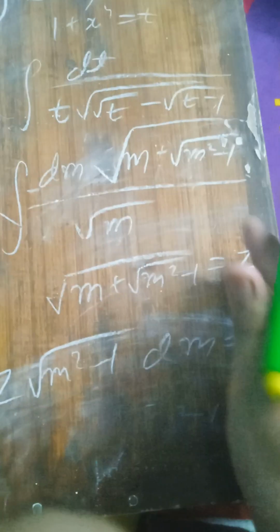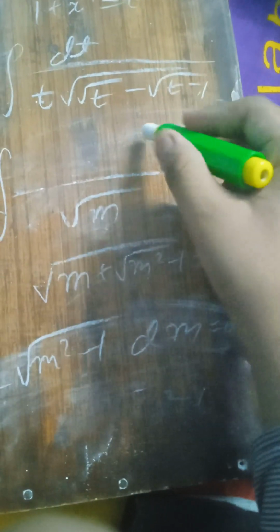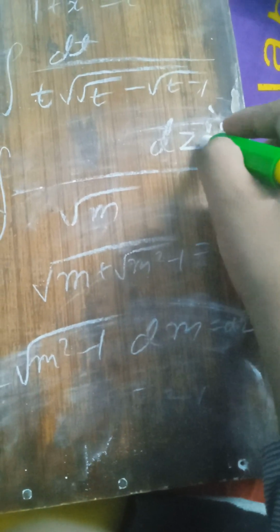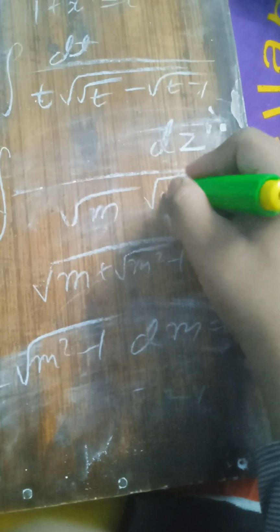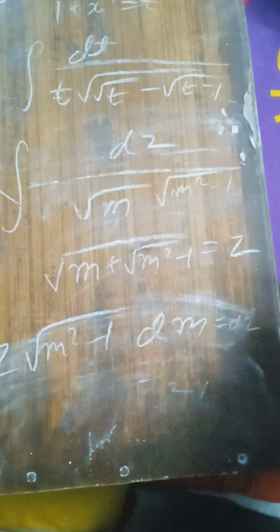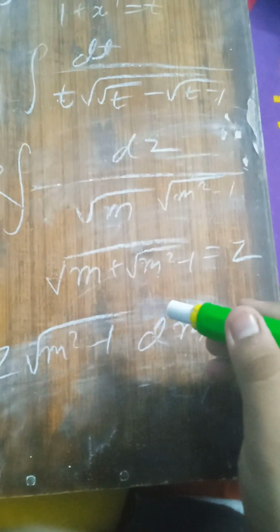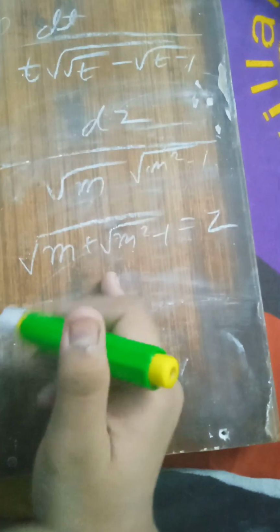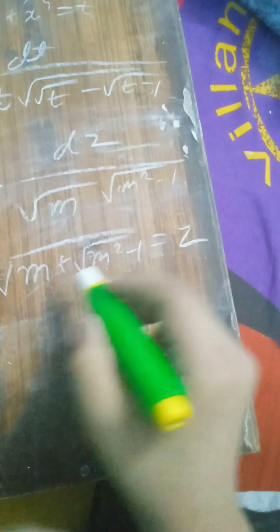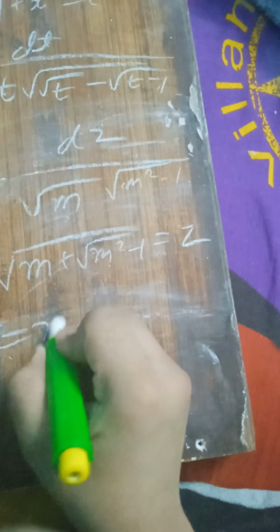So finally if I try to modify it over here, dz itself by again root of m square minus 1, and again I think I will not be able to solve it, because again I made the blunder. And what is m? For m I have to use this equation, z equals m plus root of m square minus 1.